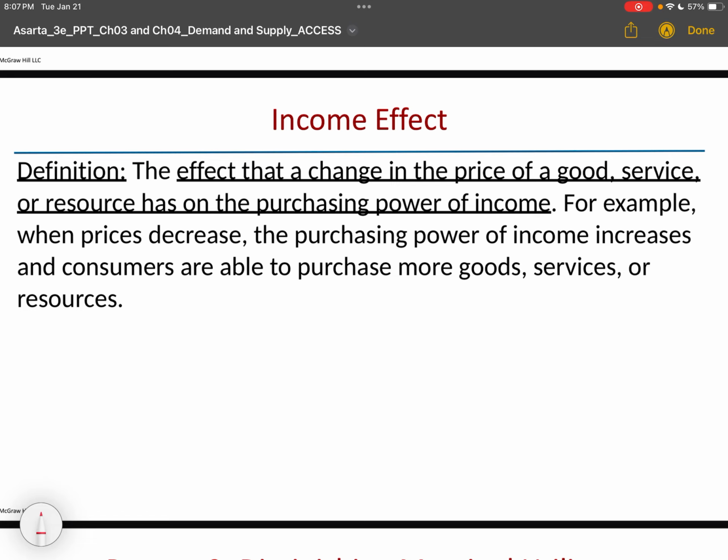So that's the income effect as an example. And this is the textbook definition of income effect. It's that effect that a change in price will have on the purchasing power of your income. Our income was $20.